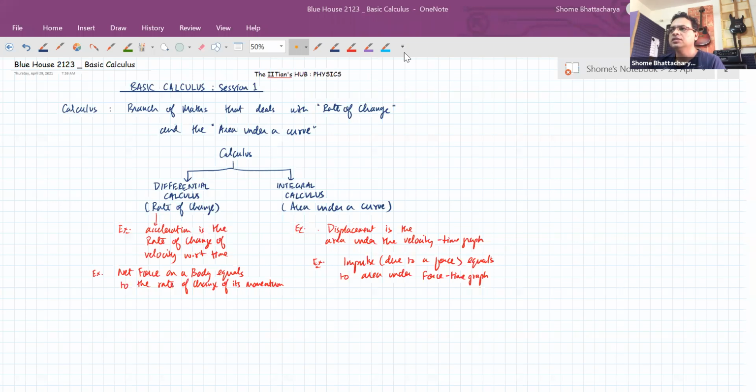The other thing is that at the moment you should refer to your module in physics, module number 1 that you've received, which is called Useful Mathematics of Physics. The first section of that module is vectors, and the second section of that module deals with calculus.